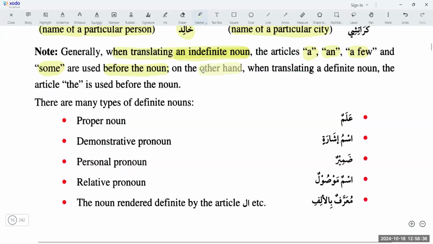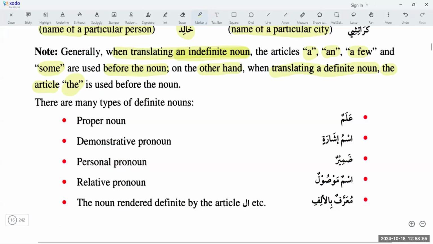On the other hand, when translating a definite noun, the article the is used before the noun.